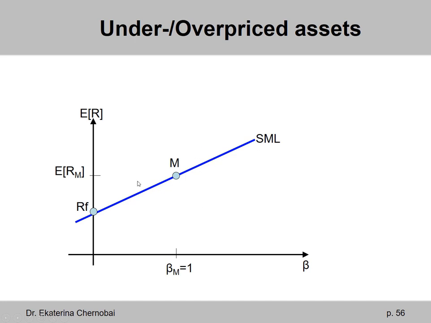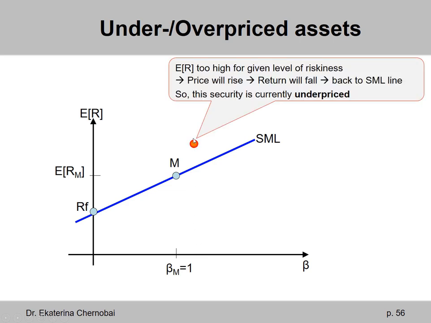So what if we have a company whose stock has a combination of beta and expected return that lies above the line? When a stock lies above the security market line, it means that the return is better than it should be for this amount of beta, systematic risk.